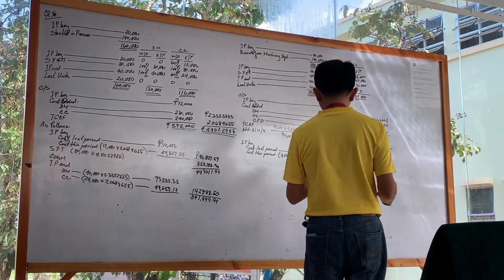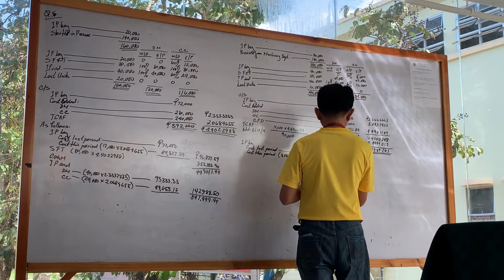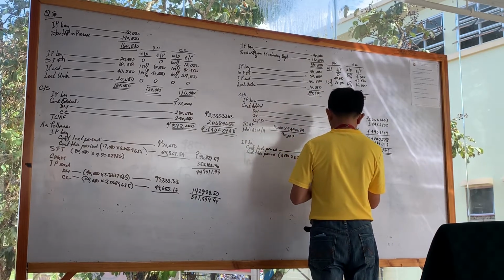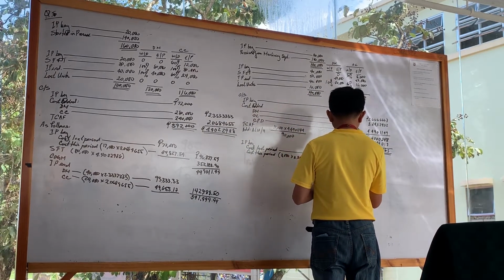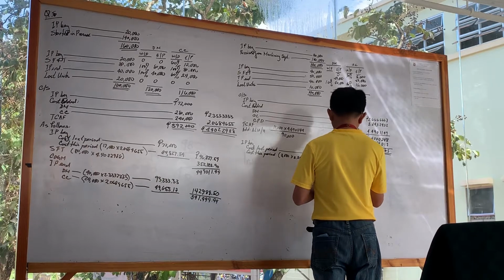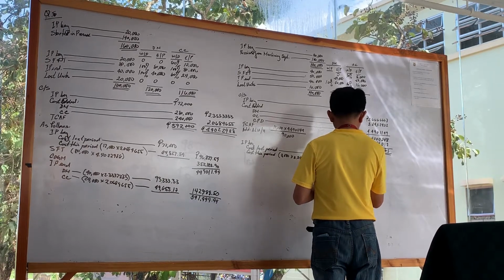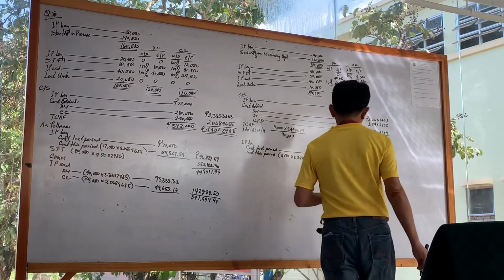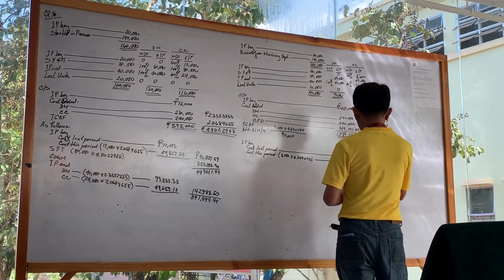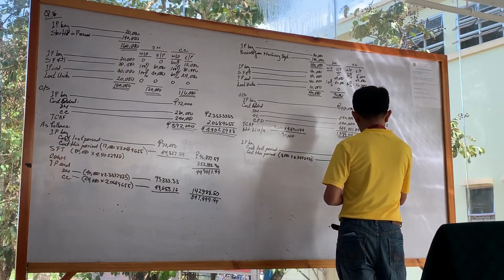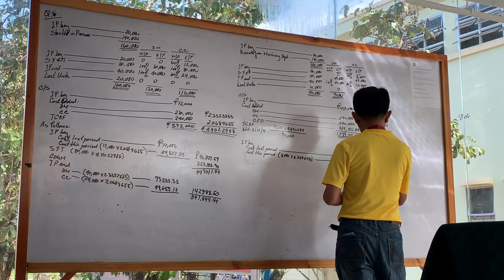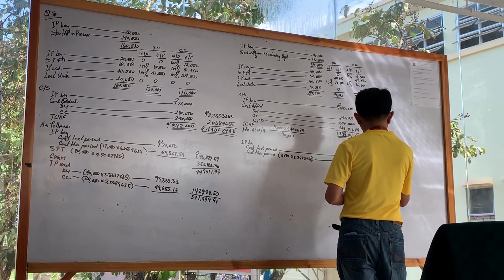That will give you 25,945.95. Total 475,945.95.